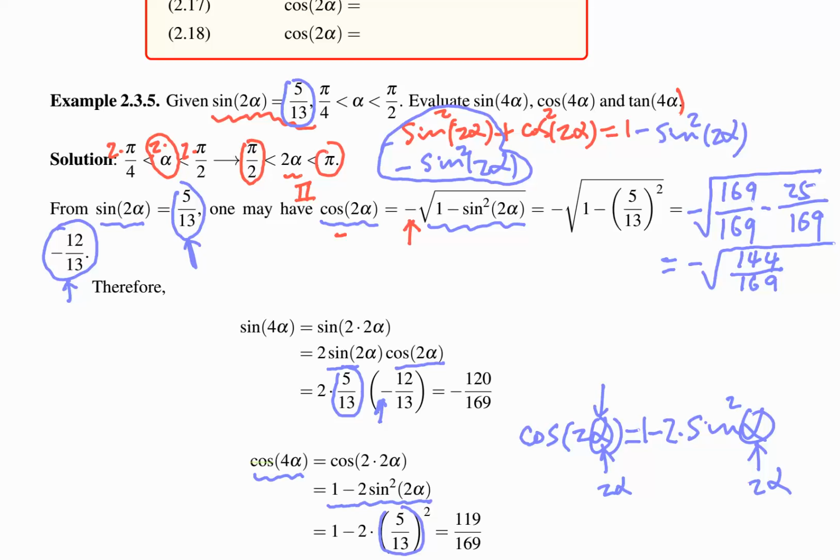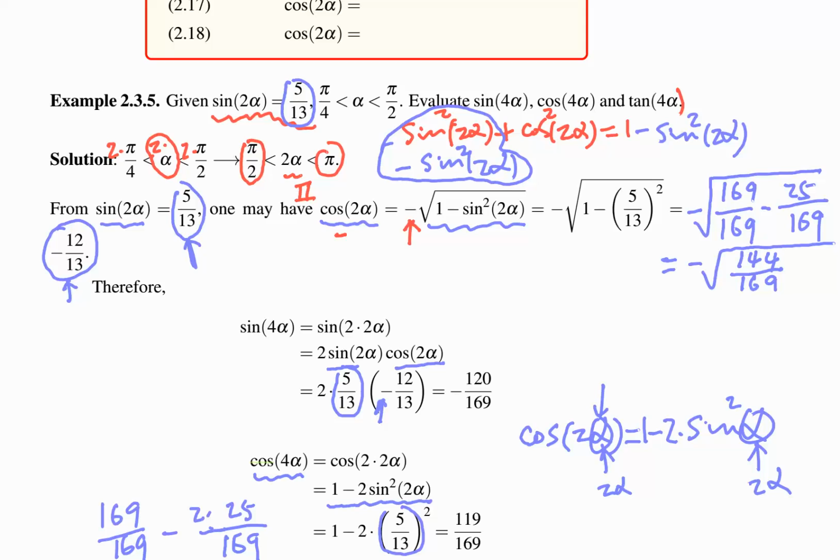All right, so then what you get is what? 1. Here you do 5 squared, again is 25. 13 squared is 169. And then you times 2. 2 times 25. 1 here is 169 over 169.